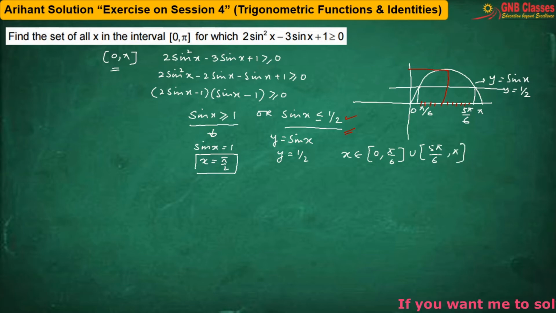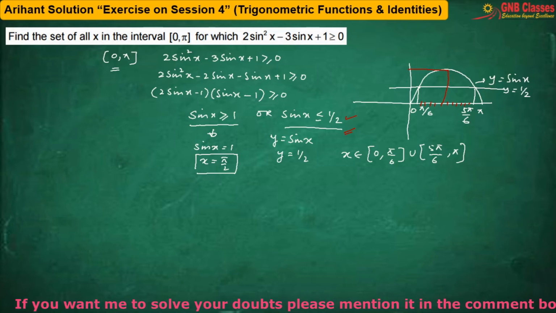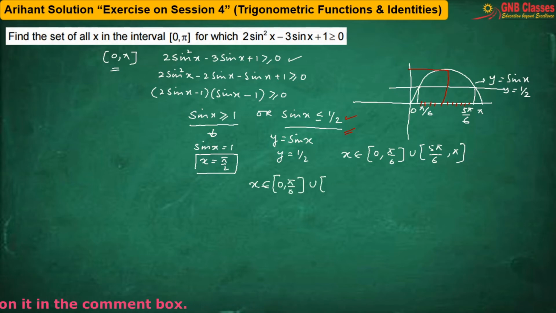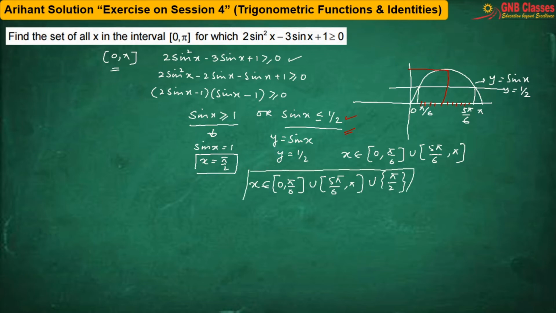Is it clear? Therefore, my final answer, the set of all values of x which will satisfy the given inequation, is including the point pi by 2. Is it clear to all of you? Have you understood this problem? Okay, let us move for the next problem.